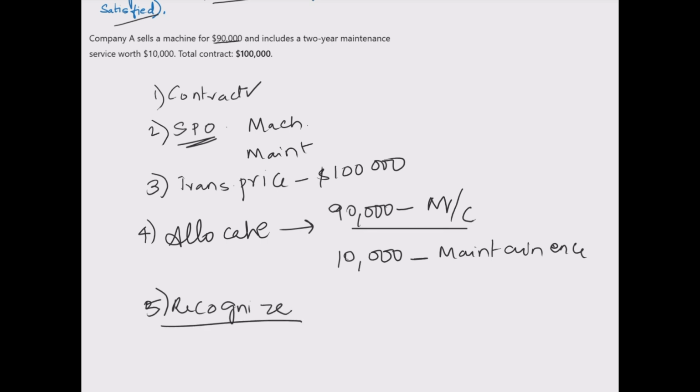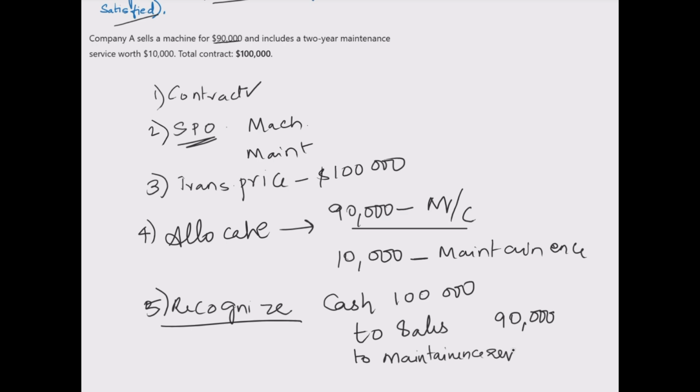Machine is supposed to be recognized at a point in time because I have delivered the machine, I have received the money. So cash 1 lakh, correct? Sales 90,000, sale of machine. Maintenance revenue for 1 year.